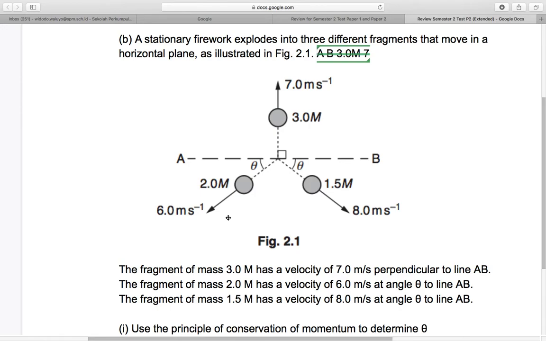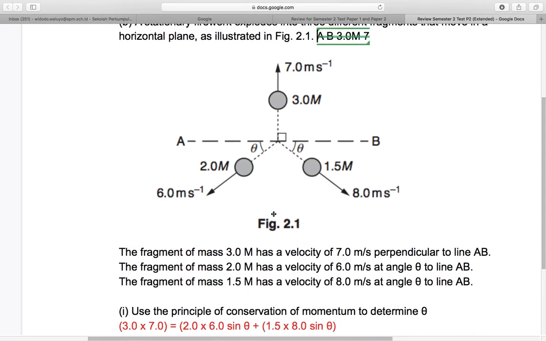The third particle has mass 1.5 m and a slightly higher velocity of 8.0 meter second minus 1. The fragment of 2.0 m has angle theta, and the fragment of 1.5 m also has angle theta to the horizontal line AB.